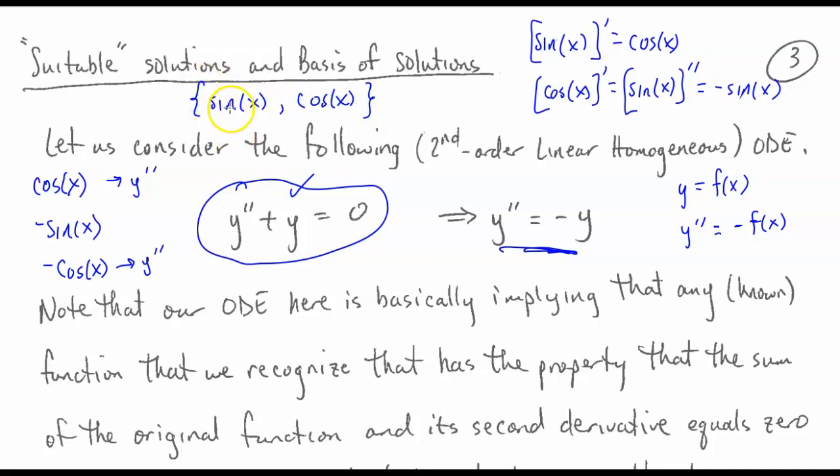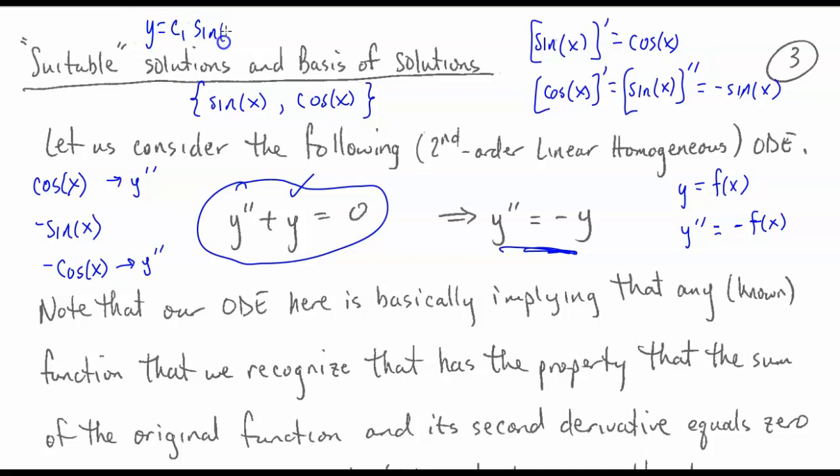And thus, what ends up happening is that both the function sine and the function cosine together can form what we call a fundamental set of solutions, or a basis of solutions, to where if I was to do, let's say, a linear combination of sine and cosine, plug it into this particular differential equation here after I find out what the second derivative is. Doesn't matter what the constants C1 and C2 might be when I write a linear combination of these.